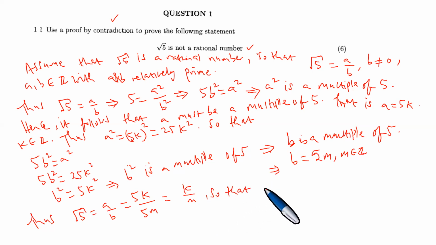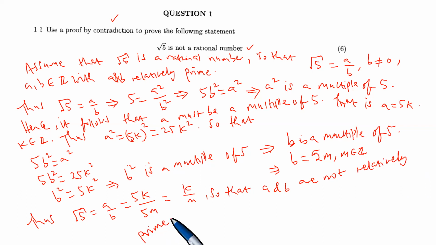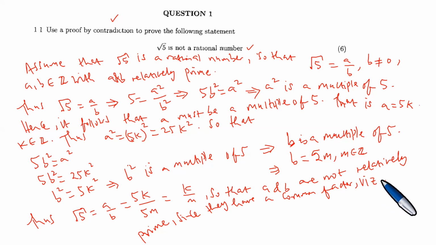So that a and b are not relatively prime, since they have a common factor, namely 5.